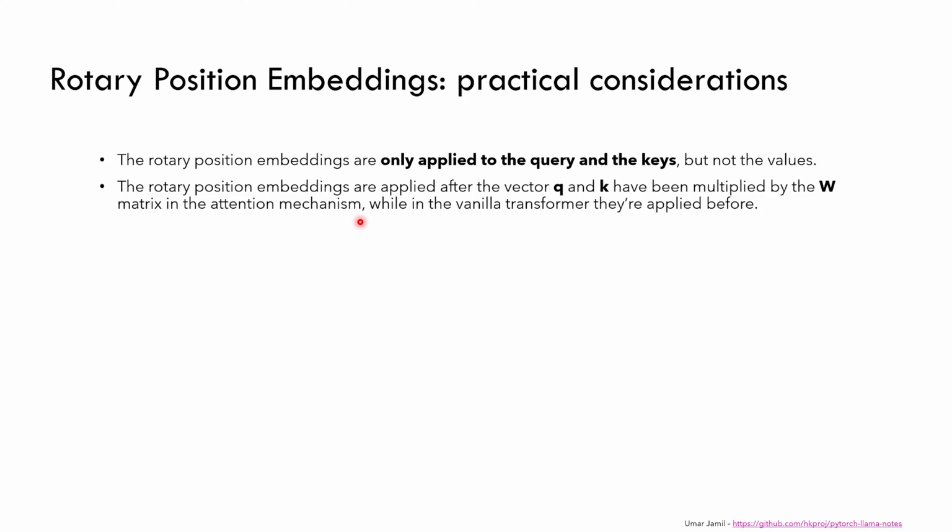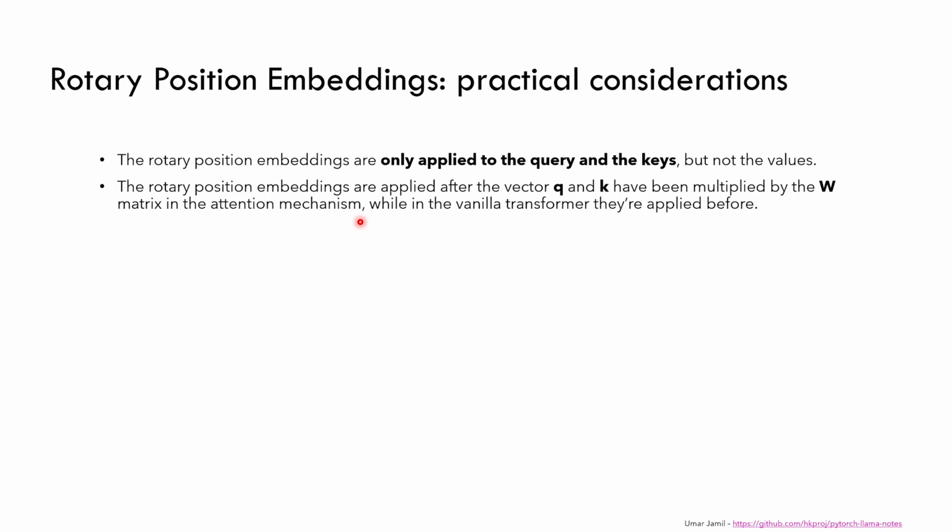We apply it right after we multiply by the W matrix in the attention mechanism. The W matrix, if you remember, is the matrix of parameters that each attention head has. So in LLaMA, we apply the rotary position encoding after we multiply the vectors Q and K by the W matrix.